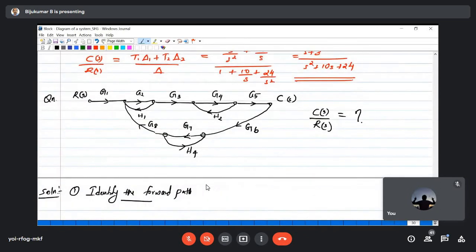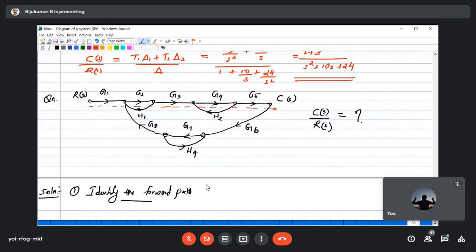If you start from this input node, this is one of the forward paths. Is there any other forward path? No, sir.